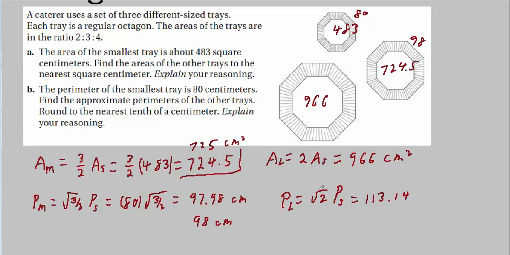And when we perform, this is 80. Root 2 times 80 is 113.14, or 113, wait a minute, they want it to the nearest tenth, so it's 113.1. At least that's what my calculator came up with.